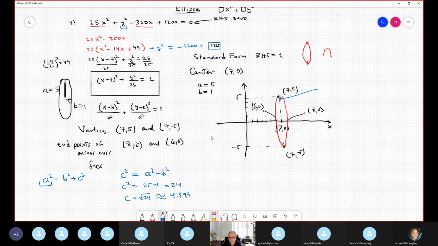Okay, entonces the focus is located at the point 7, que es the x component, comma, let me write it, radical 24. And here, I make the decimal approximation to have some idea how close or far it is located from the vertex. And this is 7, negative 2, radical 24.